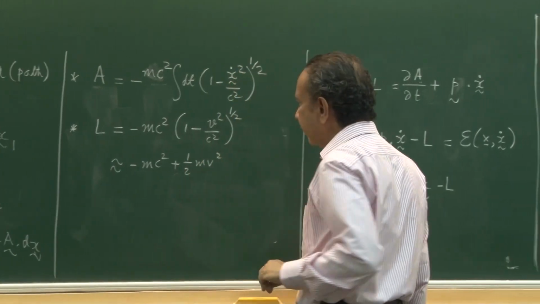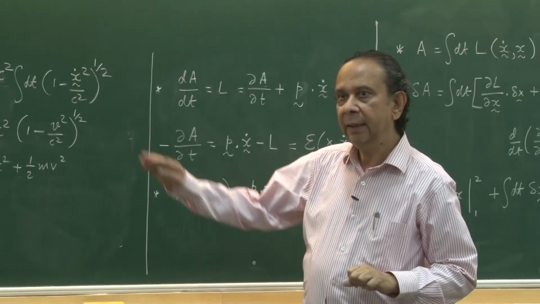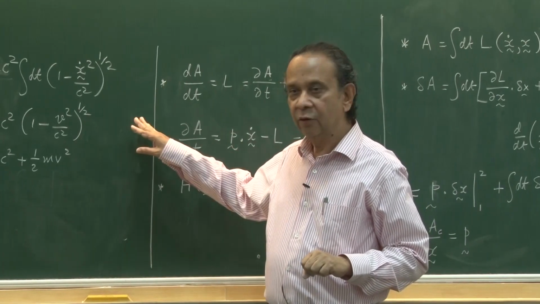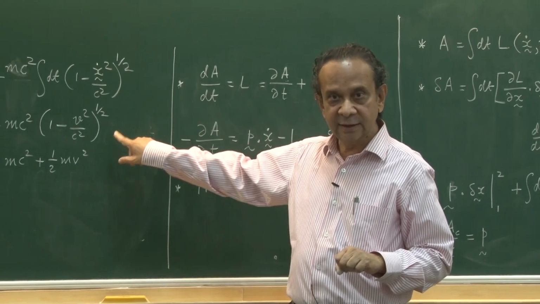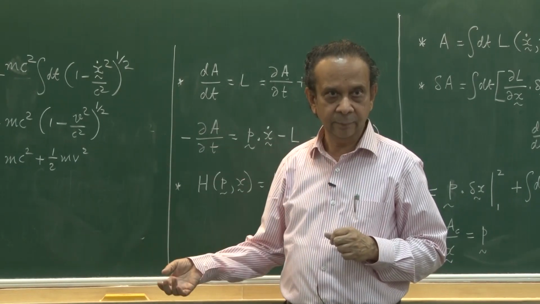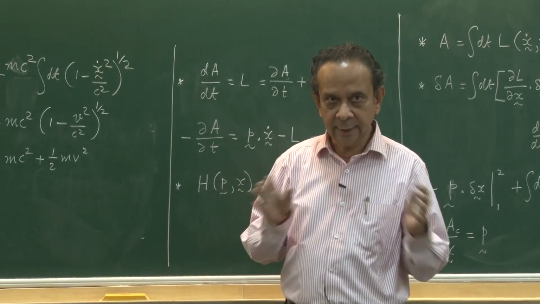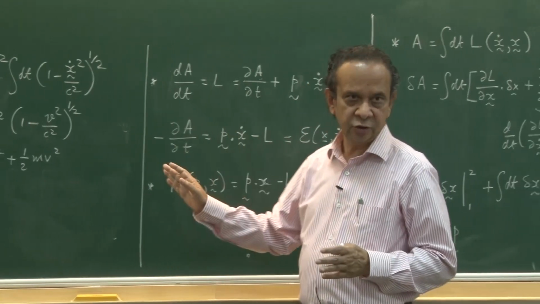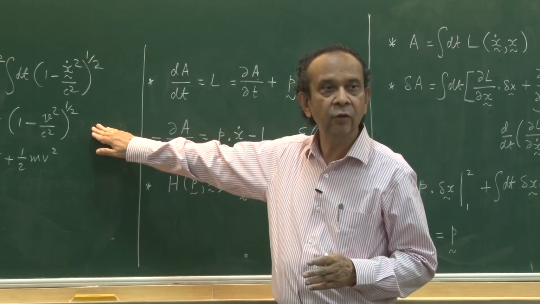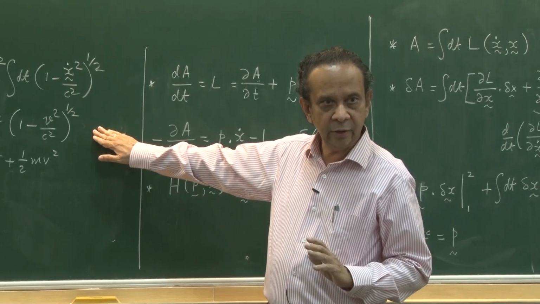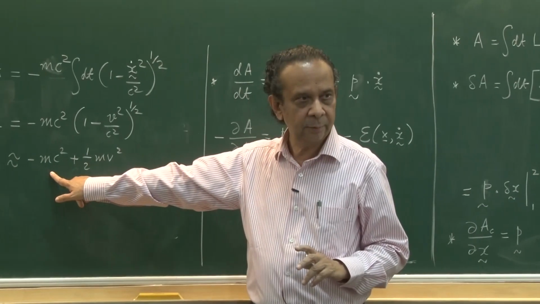The textbook statement is that in the non-relativistic limit, when you take c going to infinity, this Lagrangian reduces to the standard Lagrangian, which is the kinetic energy. This standard statement is completely wrong. It does not reduce to it. This function actually has no c going to infinity limit, because when you take c going to infinity, the first term blows up.